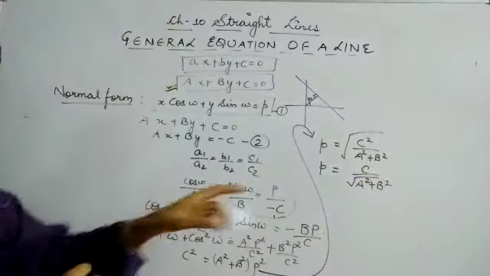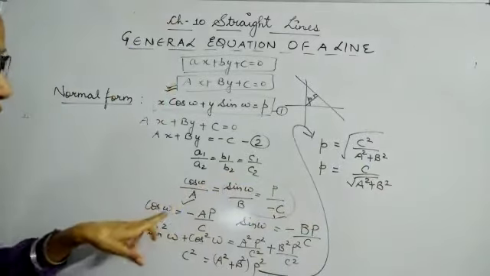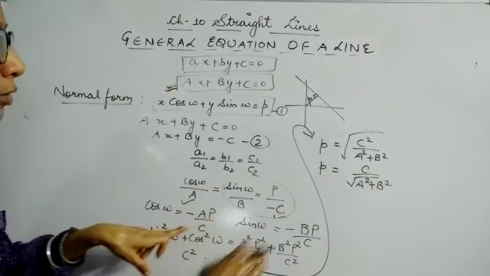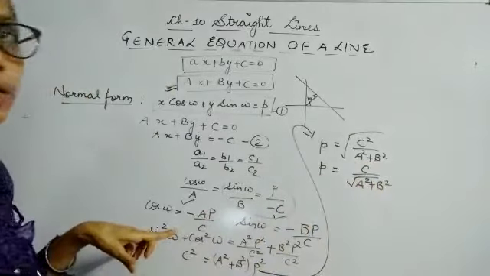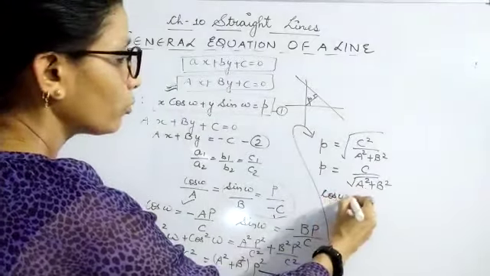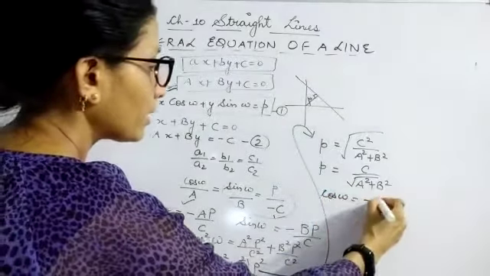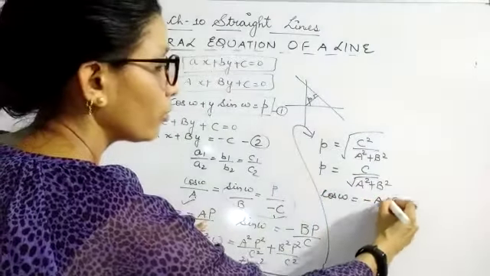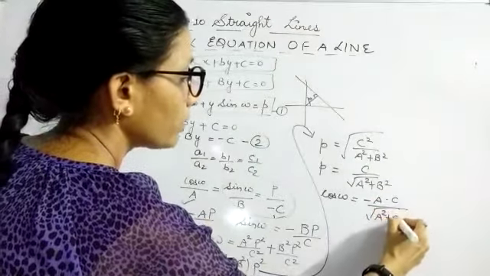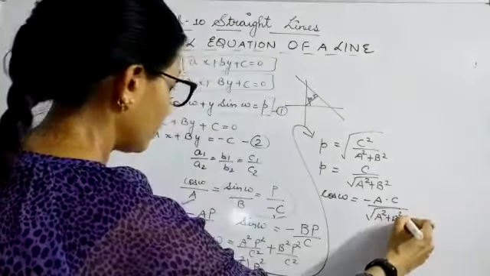Now if I want to find the value of cos omega and sin omega, I can replace p with c upon under root a square plus b square. So I will get my value of cos omega as minus a times, writing the value of p over here, under root a square plus b square, and downwards it is c.